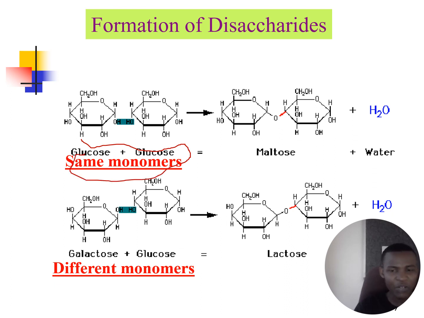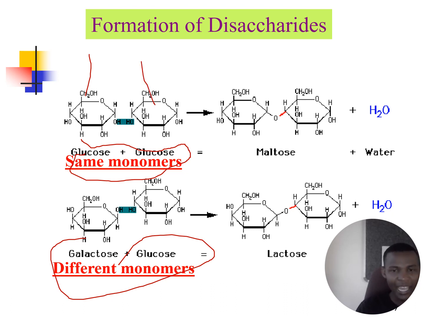We say that the formation of disaccharides depends: you can form them when the monomers are the same, or when the monomers are different. But what you need to take into consideration is that there should be one monomer and one monomer, and then you form a dimonomer, or a disaccharide.